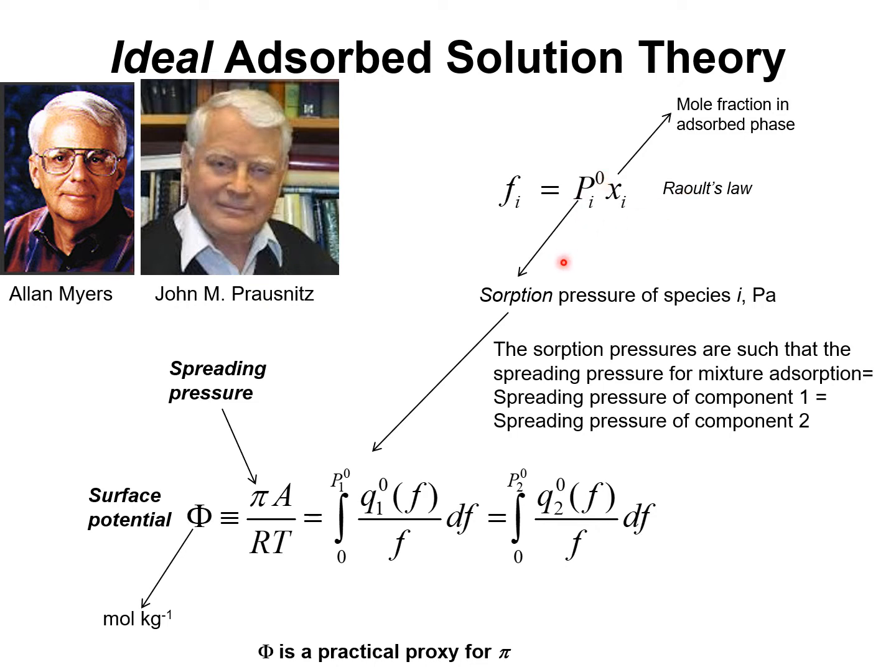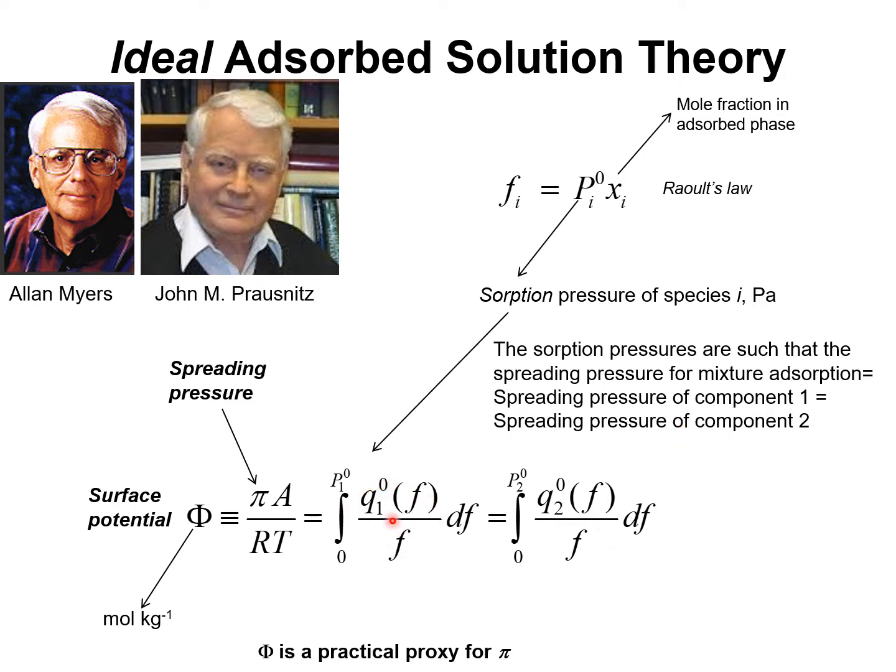Pi superscript 0 represents the sorption pressure of species i, and the sorption pressures satisfy this expression, which implies that the spreading pressure for mixture adsorption equals the spreading pressure of component 1 on its own and the spreading pressure of component 2.